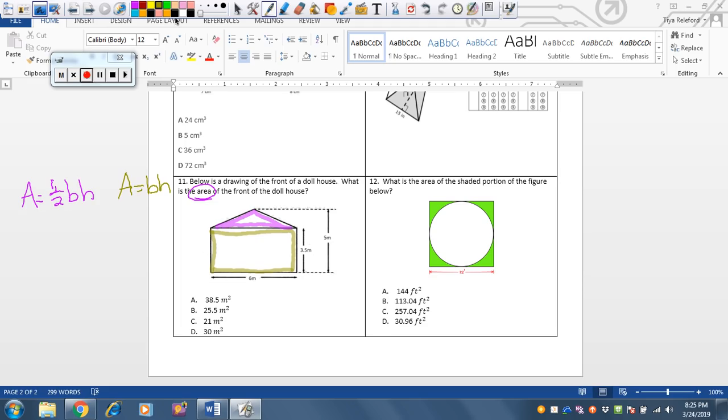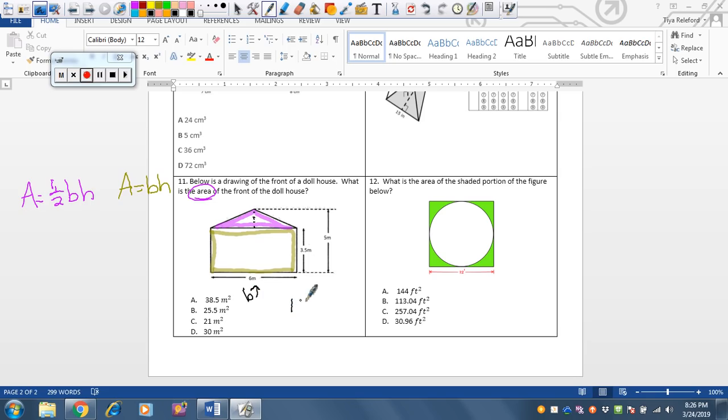Now, the tricky part is the height of the triangle. It's not 5 meters tall. That's from the bottom to the very top. And it's not 3.5. The base is going to be 6.